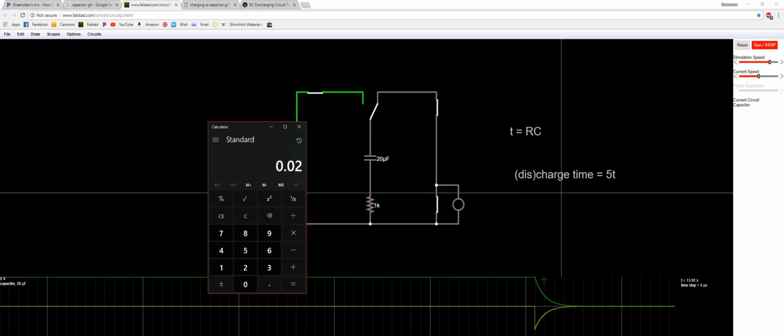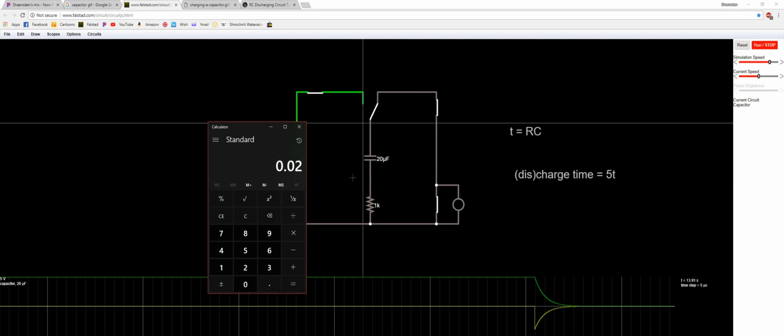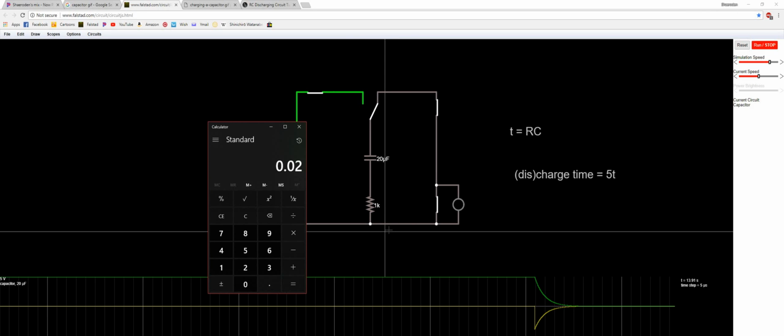So one period of this discharge curve is 20 milliseconds, and 5 is the full time it takes to discharge. And no matter what your setup is here, no matter what inputs you give it, it always takes 5 time constants to discharge.